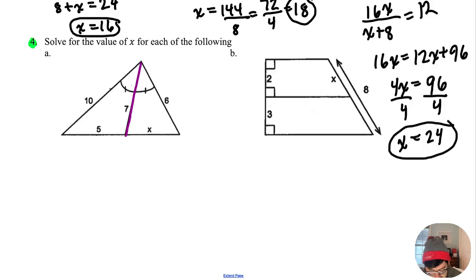The way I like to view it is that the ratio of 5 to 10 is going to be equal to the ratio of x, the other half of the side across the angle bisector, forming the numerator in this case, and then over 6. This is an equal proportion.